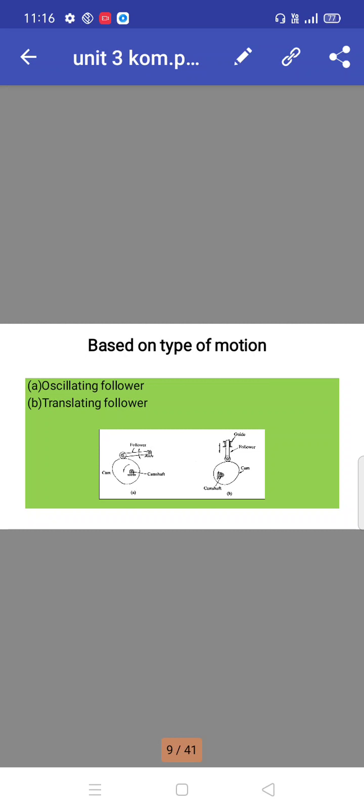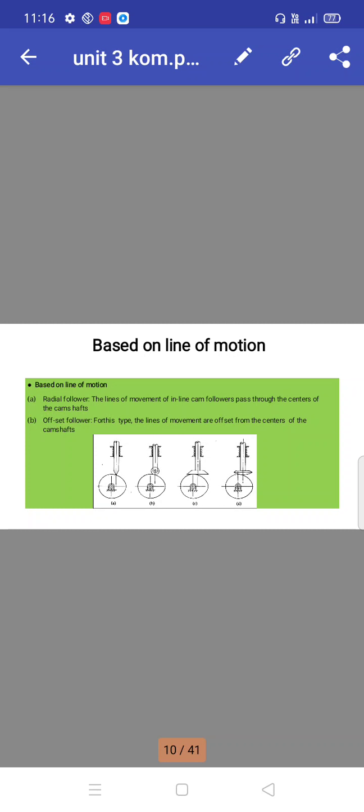The translating follower is used to transfer the desired motion into another kind of desired motion.